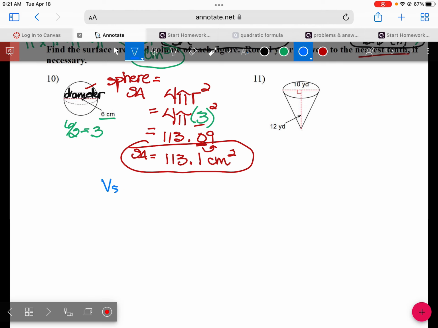Volume of a sphere is 4/3 pi r cubed. So again, start with the formula, substitute your numbers in. Radius is how much again for this sphere? 3. There we go. So 3 to the 3rd power. Does everybody know how to find 3 to the 3rd power on the calculator?